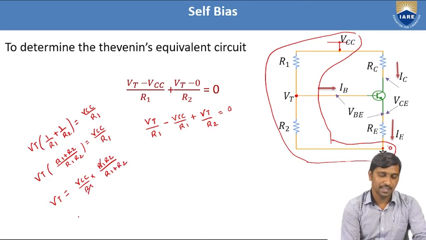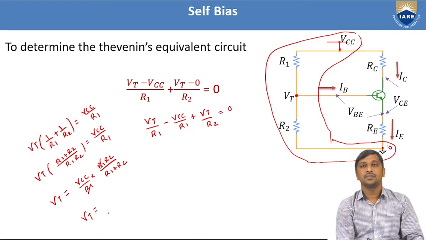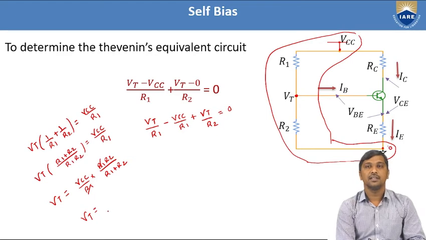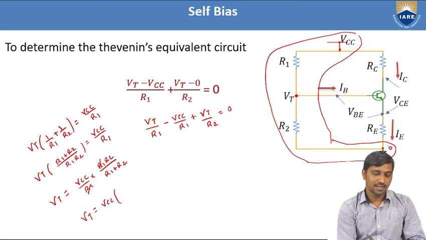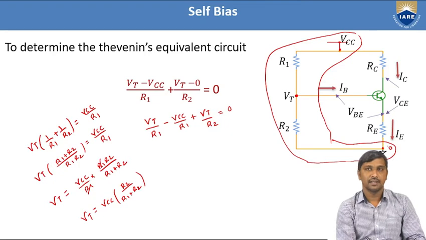This R1 and R1 get cancelled. So from this, the equivalent node voltage along with this potential divider network and the biasing source is represented as VCC times R2 divided by R1 plus R2. And this is the potential divider network, R2 by R1 plus R2.